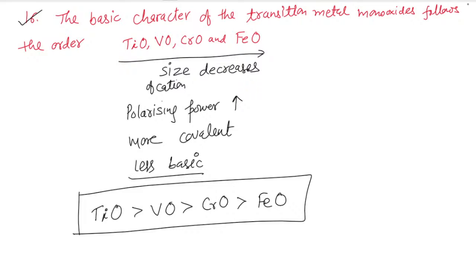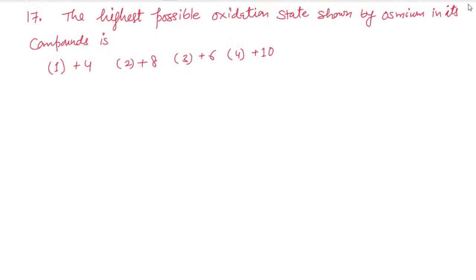Okay, so keep in mind, as atomic number increases, basic character decreases. Okay, the highest possible oxidation state shown by osmium in its compounds is, so osmium is the only one of the iron series, with configuration n-1 d6 ns2.